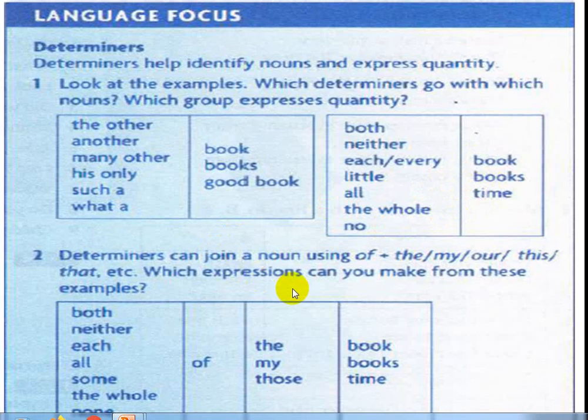Determiners can join a noun using of plus the, my, our, this, that, etc. Which expressions can you make from these examples? We say both of the, or both of my, or those books, neither of the, or neither of my, or those books, and so on. And also you can say here the last one, none of the, or none of my books, or none of the time.